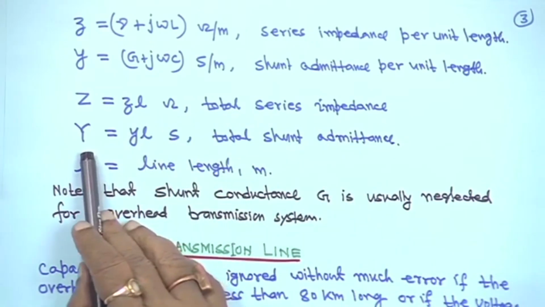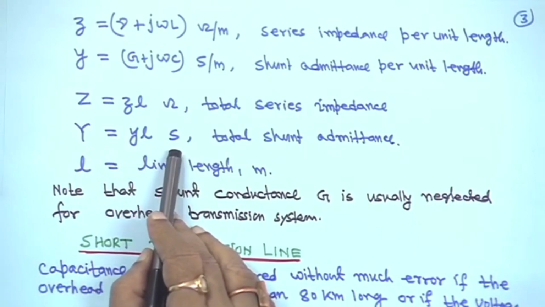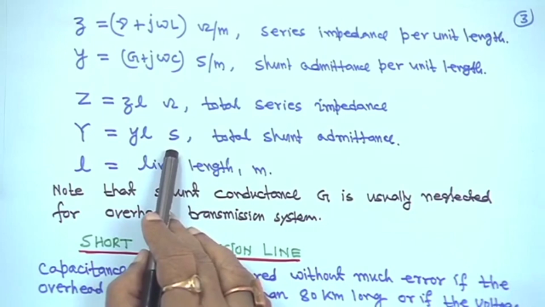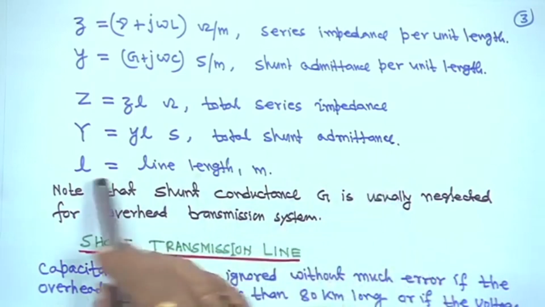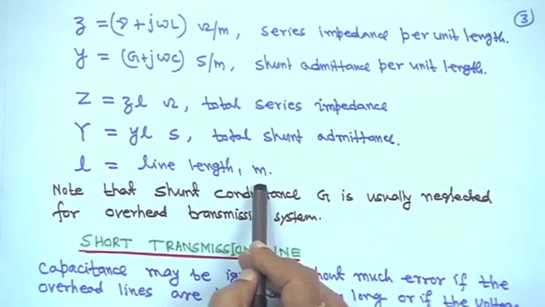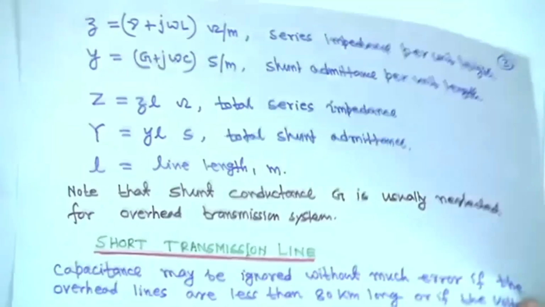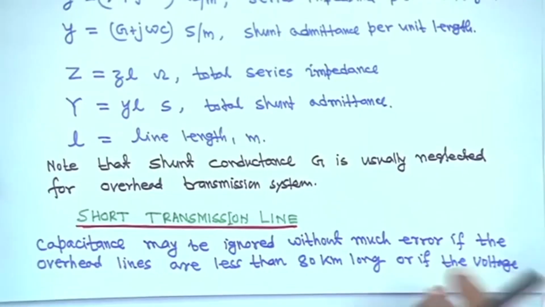Similarly, Y is the total shunt admittance, small y into L, in mho; some books use Siemens, written S. L is the line length in meter. These notations will be used throughout, so there should not be any confusion. G we will neglect, as we have discussed earlier also.